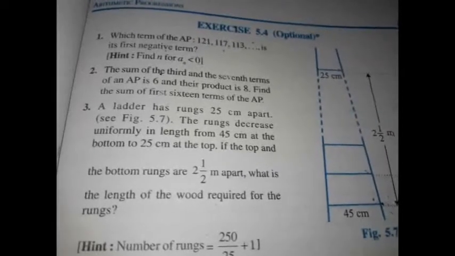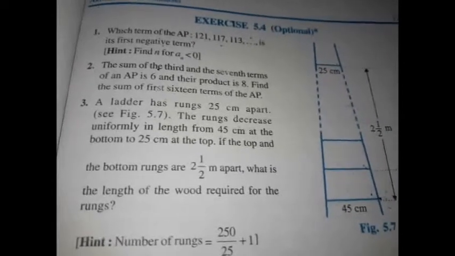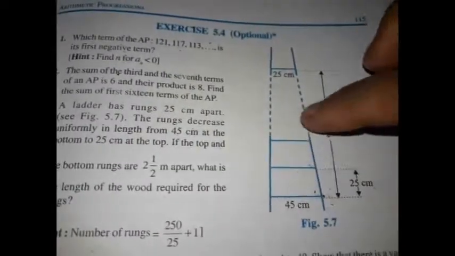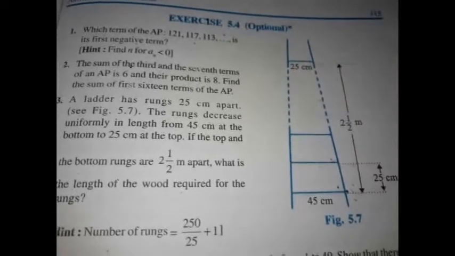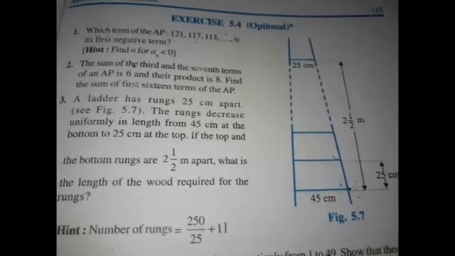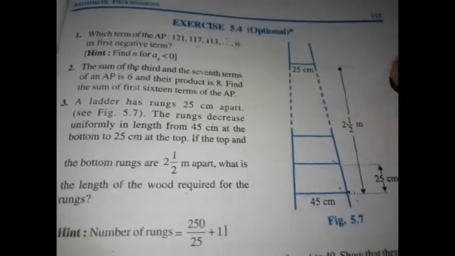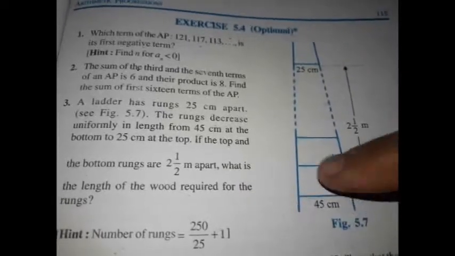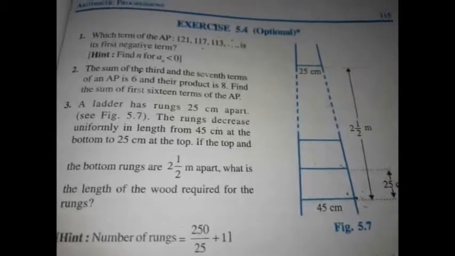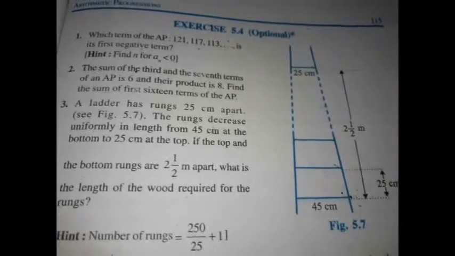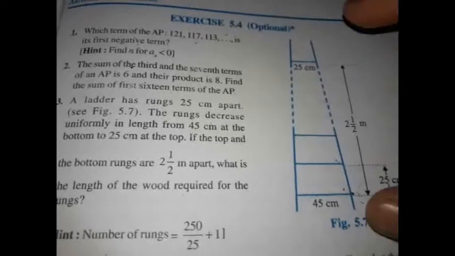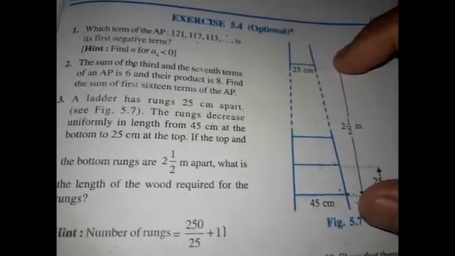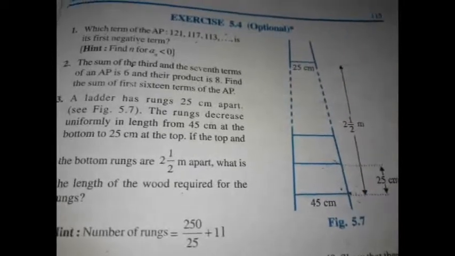So to apply the SN formula, basically we need N. So how to find N here? If we know how many rungs are there in this ladder, then immediately we can substitute in the SN formula and find the length of the wood required for the rungs. So how to find the number of rungs here? Here it is clearly given the distance between the top and the bottom is 2.5 meter and the remaining things are given in centimeters.